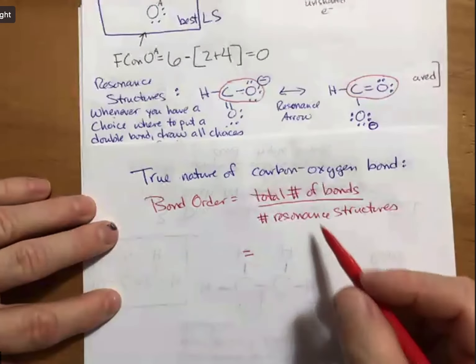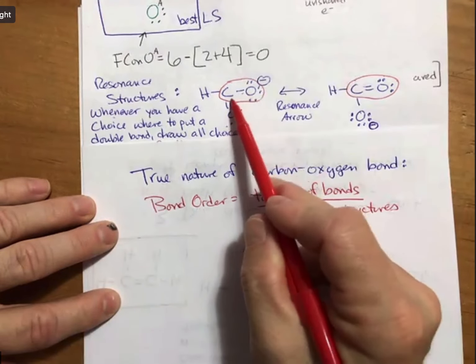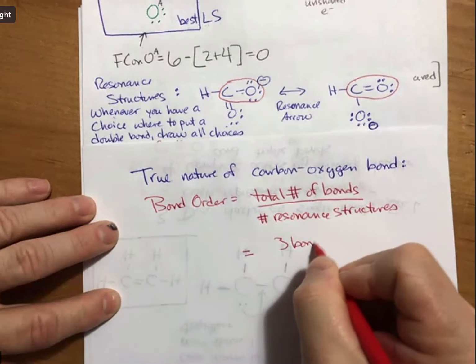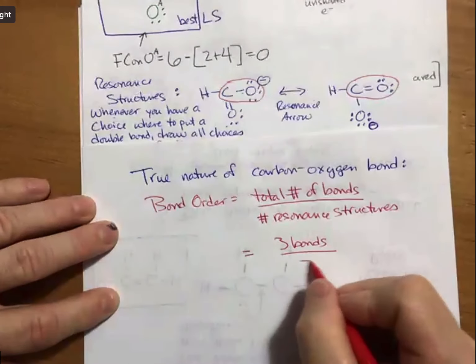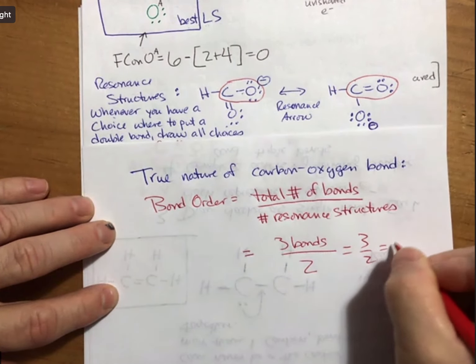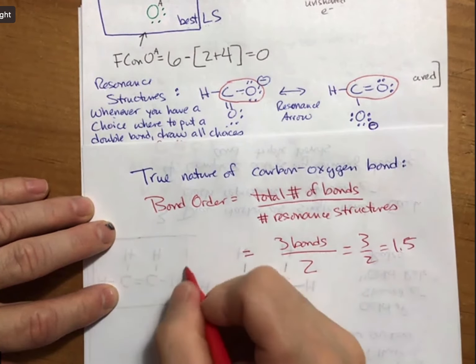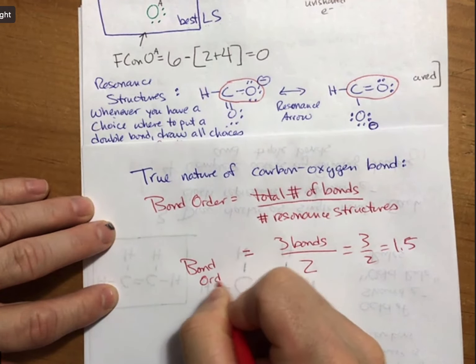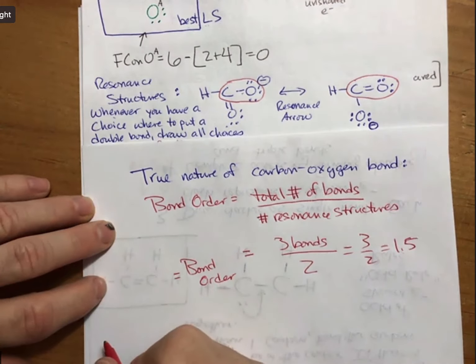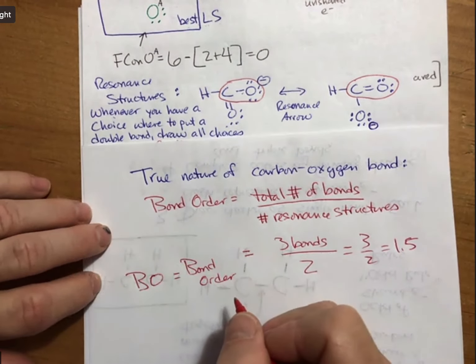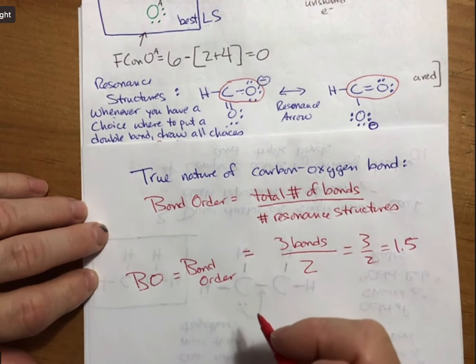If you do that, you'll see this carbon and oxygen have 1, 2, 3 bonds over 2 resonance structures, which is 3/2, which is a bond order of 1.5. And bond order's abbreviation is capital B, capital O, because Gen Chem has BO.